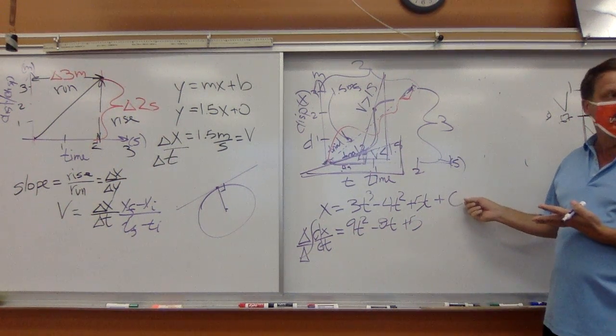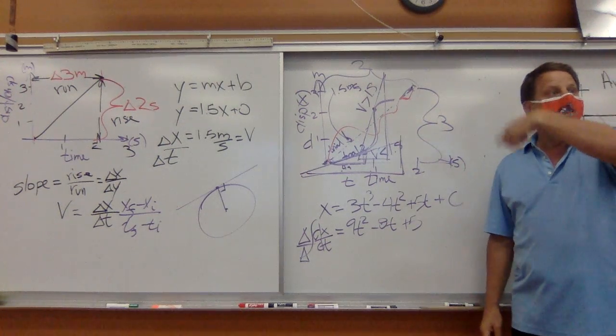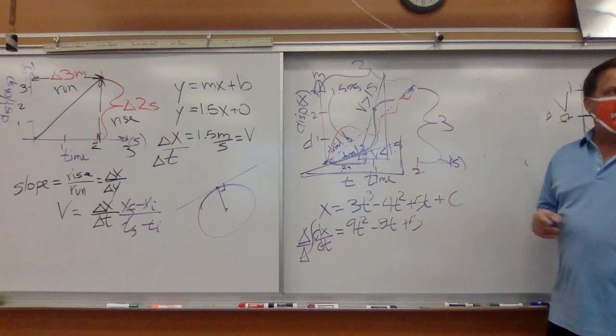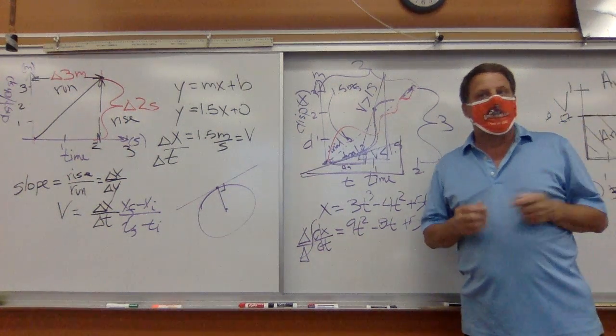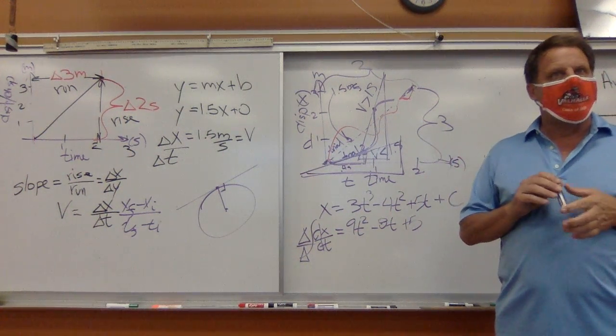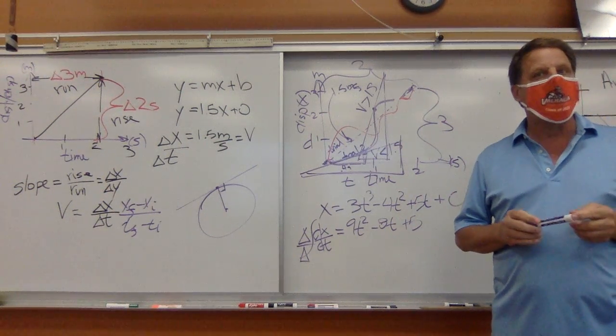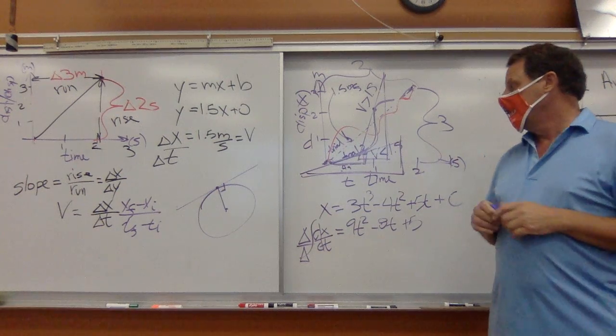You know it would be a constant because a constant just disappears when you differentiate it. That is a preview to calculus. Next quarter you're going to do everything in review.